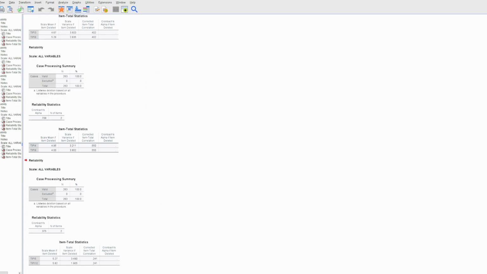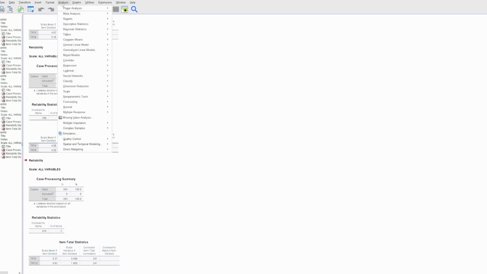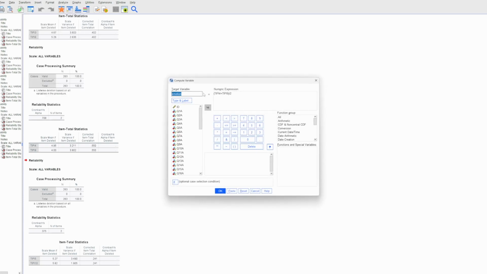Then 2 more times. Emotional stability, I'm going to call it emotion. That is TP4 plus TP9. And then finally, openness to new experiences is TP5 and TP10.